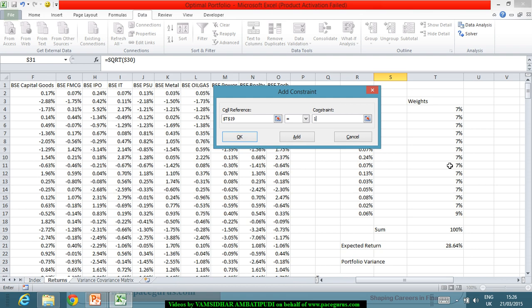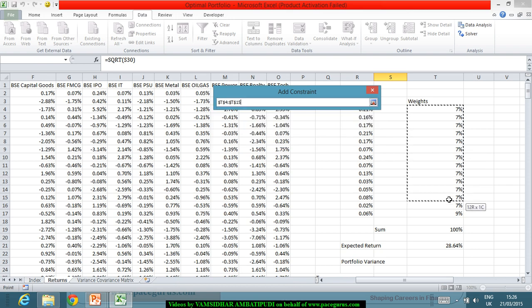If I put a constraint that the weights need to be positive, it means I am only investing in them, there is no shorting. There are restrictions with respect to shorting. But if I allow negative values, then I am relaxing the criteria. Let me first put the summation to come out to 100%.